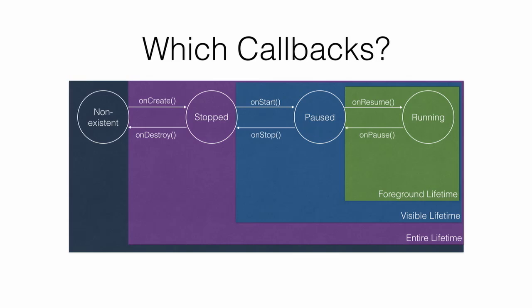So in which callback method would I want to start or unpause my video playback, if I want video to start automatically playing again anytime the activity is visible? onStart, I heard you say. That's correct, because onStart signifies to us that the video is becoming visible again.